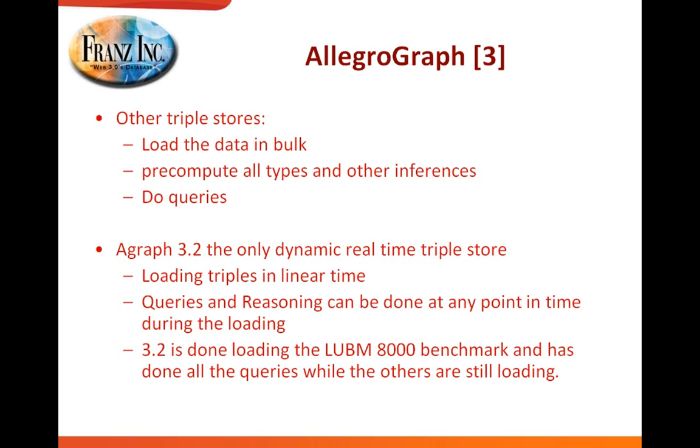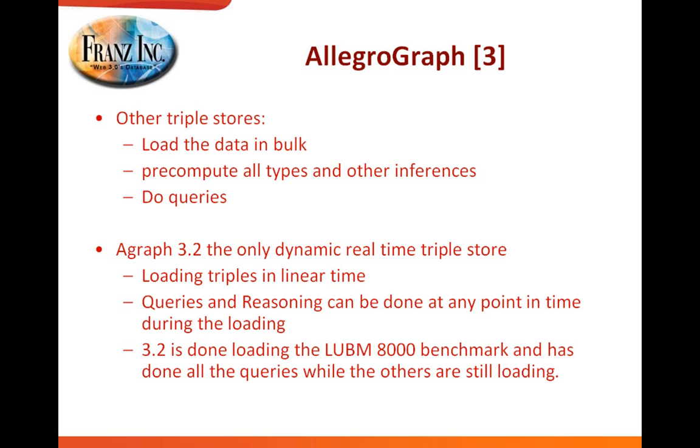What you really want is dynamic triple stores where you can keep adding triples all the time. So what we will have, and this is probably going to come out in January, is the first completely dynamic real-time triple store where you can load triples in linear time, and queries and reasoning can be done at any point in time during the loading. And we will not pre-compute types, but our queries will be just as fast as the triple stores that materialize the types.